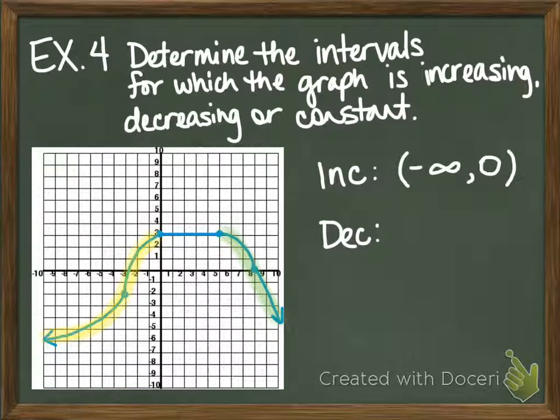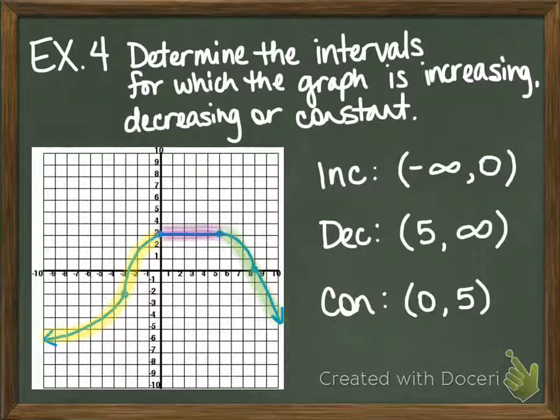So this graph starts decreasing at 5, and then it's going to continue decreasing to positive infinity because it's going to keep going to the right. So from 5 to infinity, it's decreasing. And then this graph also has a constant spot, in the middle here. So from 0 to 5, it's constant.